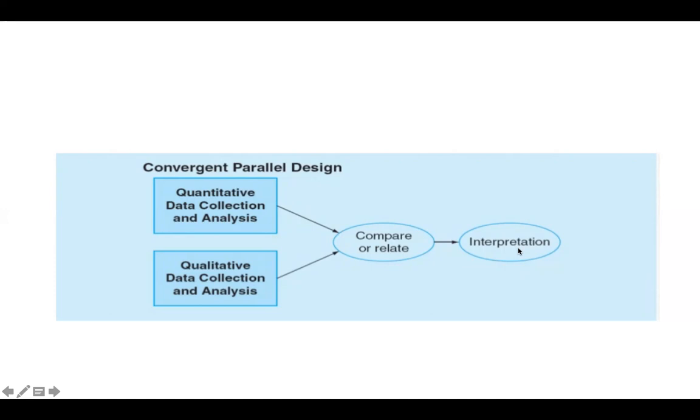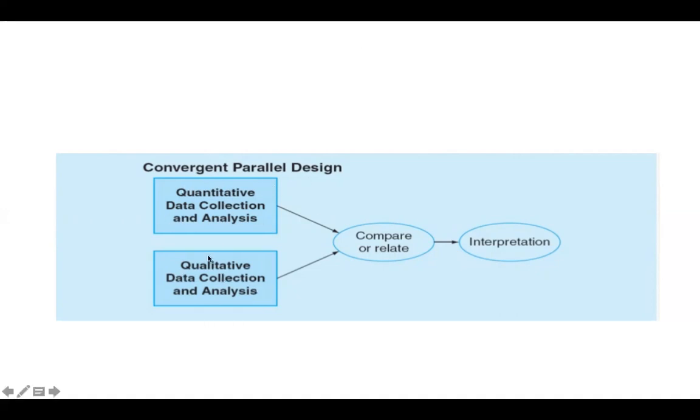So for example, in one of our studies where we evaluated the package of essential non-communicable diseases in Nepal, we did health facility surveys and collected information about different human resources, medical equipment, and health financing that was available in the health facility. We did an observation using a checklist.